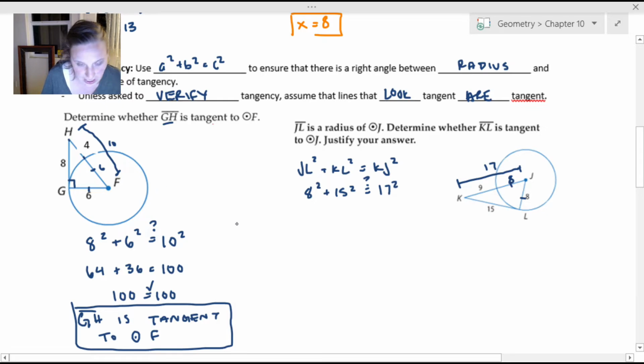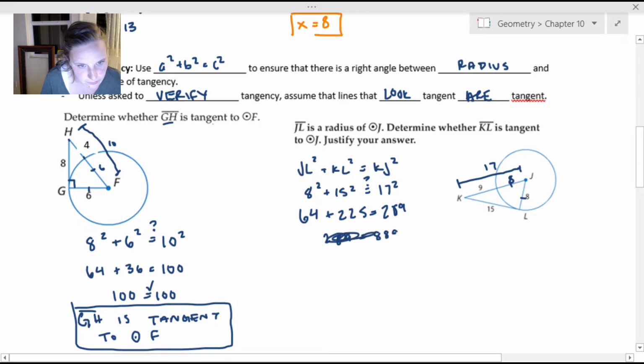Let's see. 8 squared is 64, we just did that one. 15 squared is 225. 17 squared is 289. 64 plus 225, yeah, that's 289.